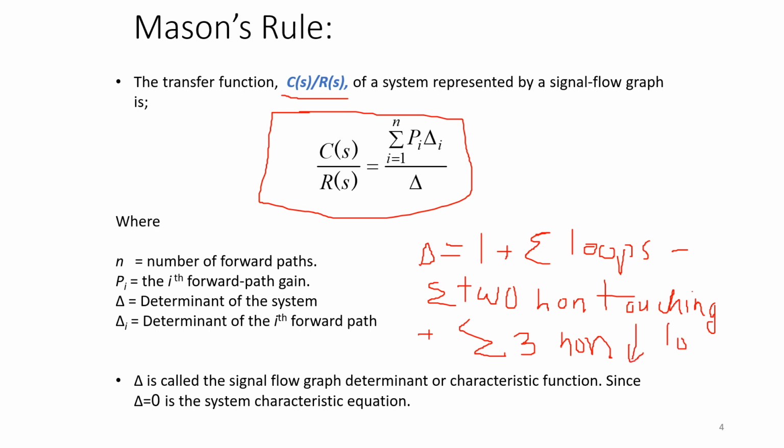This is the formula used to find the determinant of a signal flow graph using Mason's gain formula.